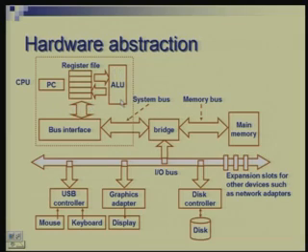ALU is the one which performs various operations, arithmetical, logical, relational, comparison operations, and bus interface is the one which connects these modules to the outside world, namely the memory and the I/O.